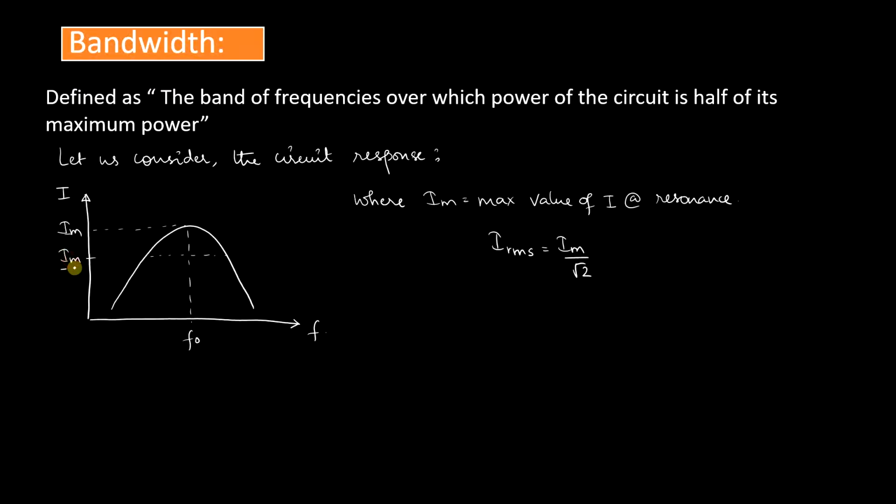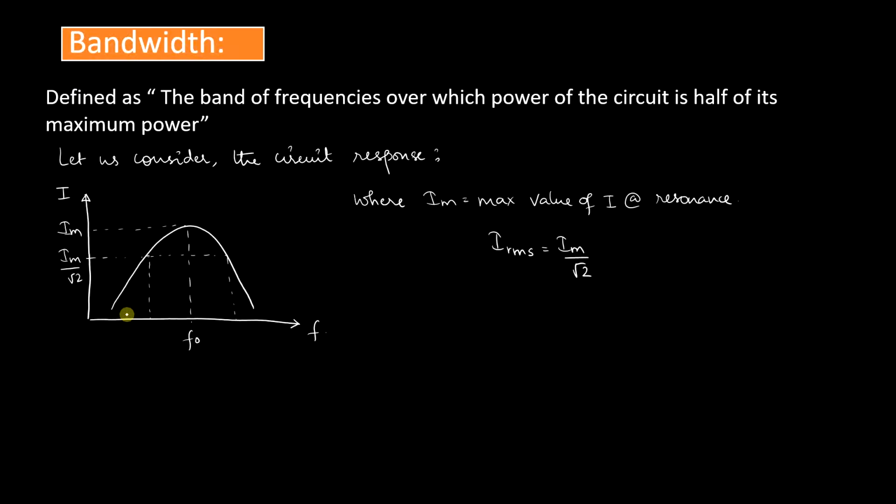At this frequency and at this frequency, the current is the same, Im by root 2. At this point, when the current is equal to its RMS value, the output power is equal to half of its maximum power.